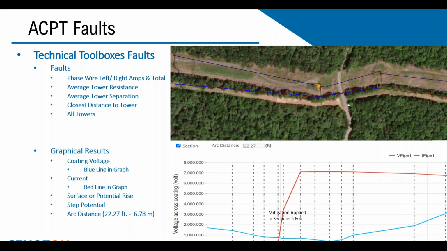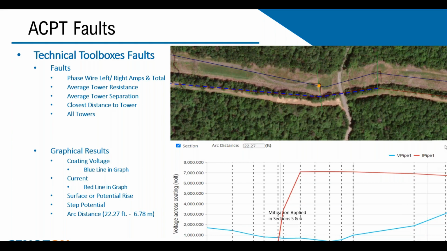The other thing I want to talk about is the surface potential rise, the step potential and things of this nature, and the touch potential. So we have all those things to consider.